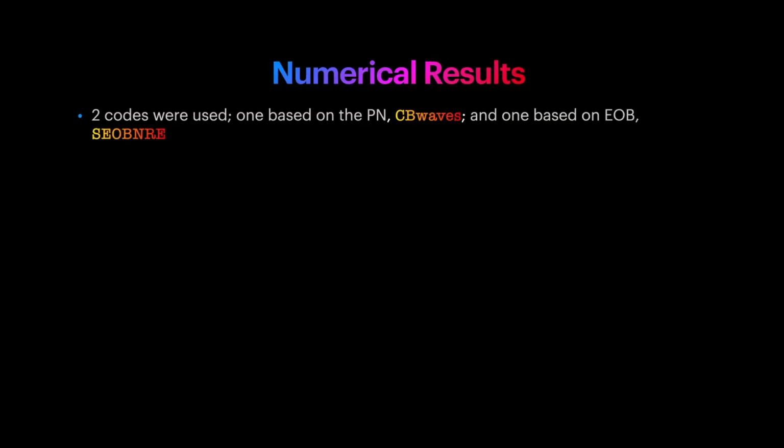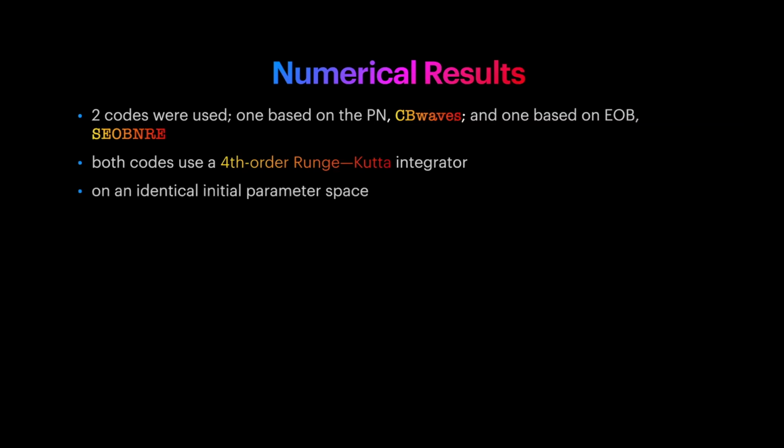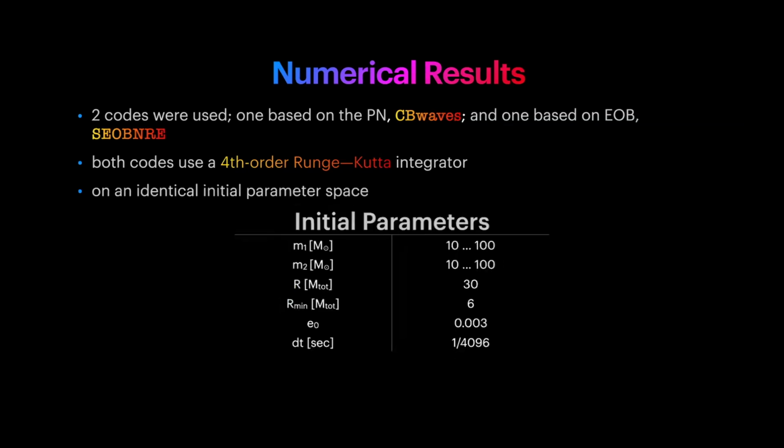So, as I mentioned, we use two codes, the Civiviz and SOBNR, which are based on two different formalisms, but they're using the same integrator and somewhat the same initial parameter space. For the initial parameters, which we differentiated, we use the masses of the two components of the binary.